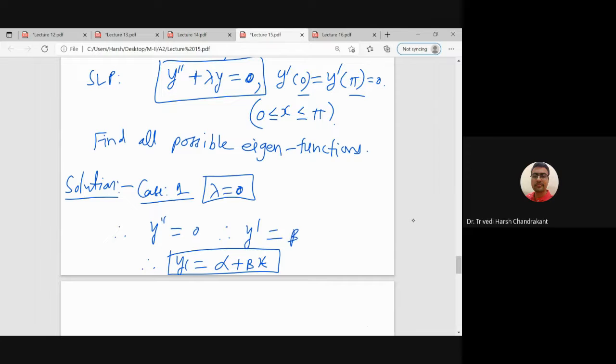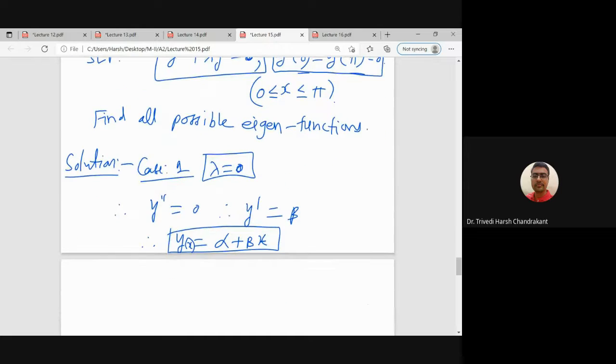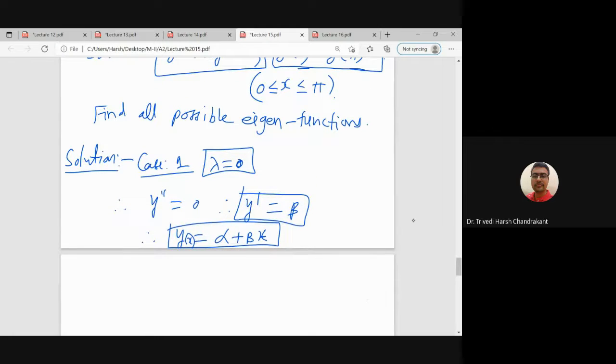The general solution is this one, but we are looking for the solution which satisfies the boundary condition, right? So boundary conditions are in terms of the derivative, which is beta. So y dash at 0 is 0, and what is y dash at 0?